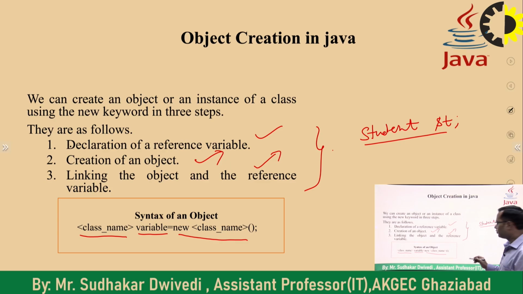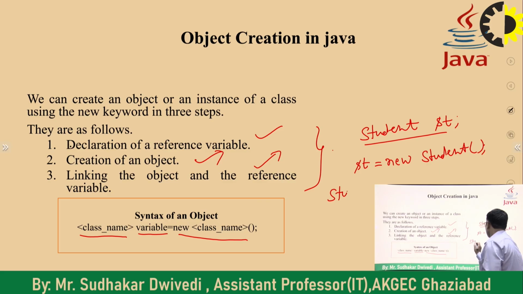Now we need to create an object. So we create an object by using the new keyword, and then we use the constructor or method. Now we need to link it with this reference variable. If we combine all these things into one line, we can write it like this: Student, this is the reference variable, then the new keyword, and then this.